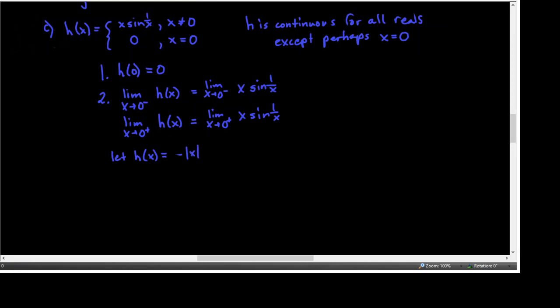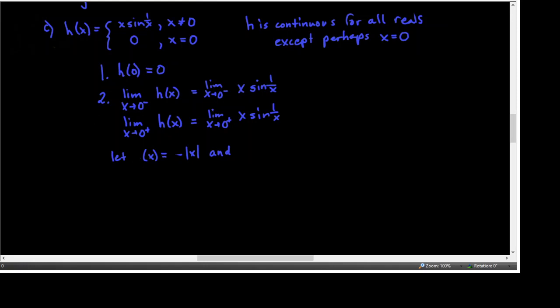And how did I come up with that? Well, that's not the easiest thing to see. Well, I mean, once you see it, it'll be, oh yeah, that makes sense. Oh, wait, I don't want to use h. I just realized h is the name of my function in this problem, so I don't want to reuse that.